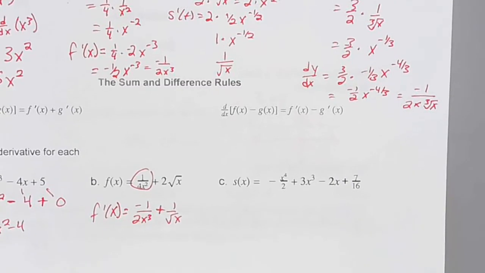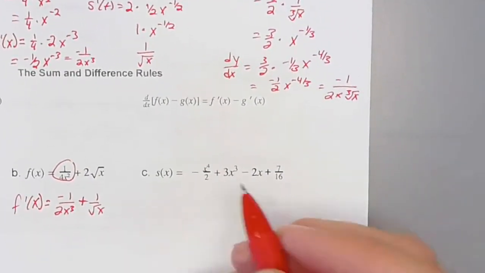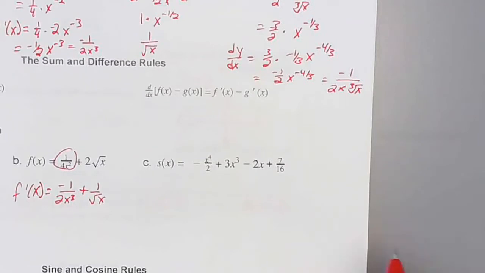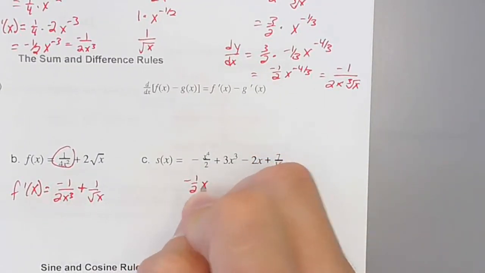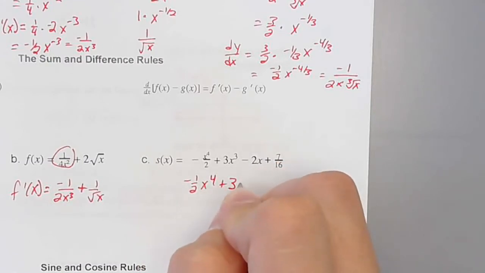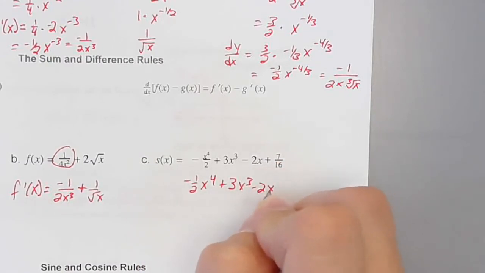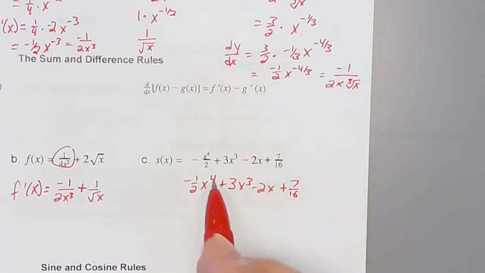Now, this last one might look a little scary, but not if we take the time to think about what we have here. This is actually negative 1/2 x to the 4th plus 3x cubed minus 2x plus 7 over 16. So this is really just a 1/2 in front.